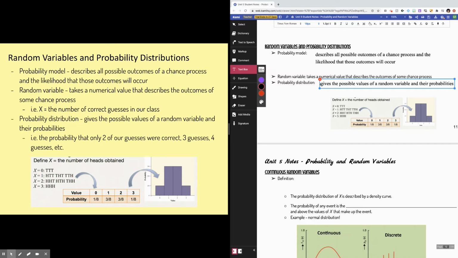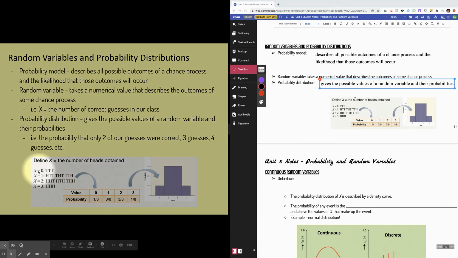You can see an example on the screen as well, where the variable is the number of heads obtained when you flip a fair coin 3 times. They list all of the possible outcomes here: either 0, 1, 2, or 3 heads. So the values of the variable are 0, 1, 2, and 3.